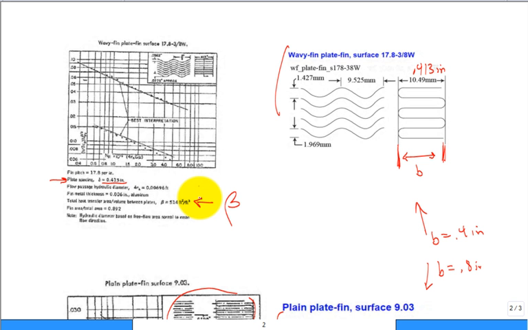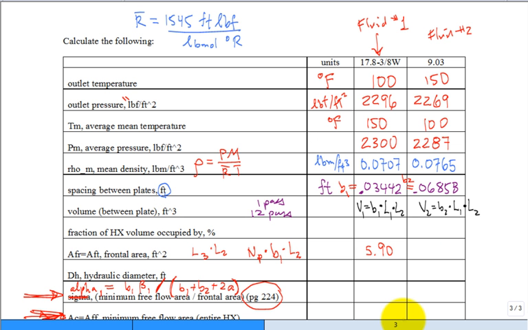I messed that up. I'm sorry. This is the equation for alpha 1, but alpha 1 isn't the minimum free flow area divided by the frontal area. That's the area of heat transfer per volume of the heat exchanger. Sorry. That's the area of heat transfer to the volume of the heat exchanger.